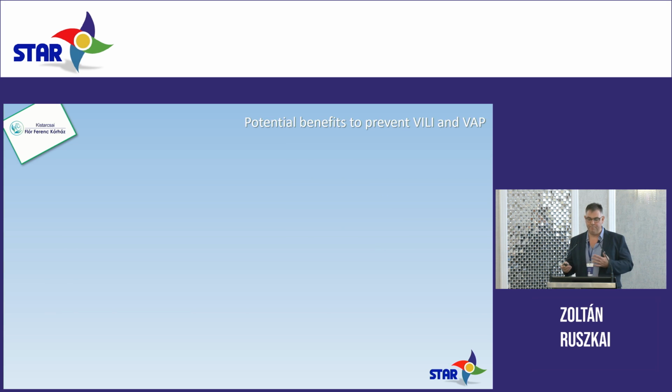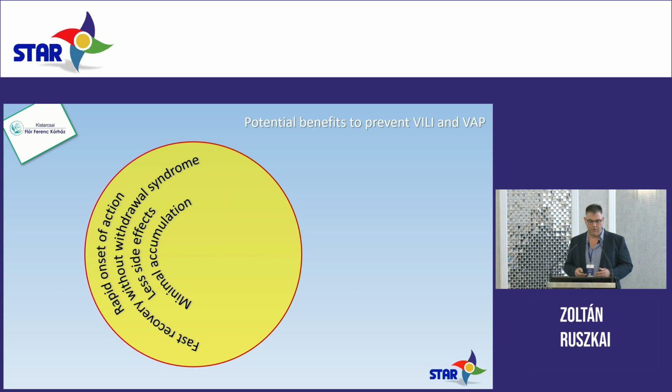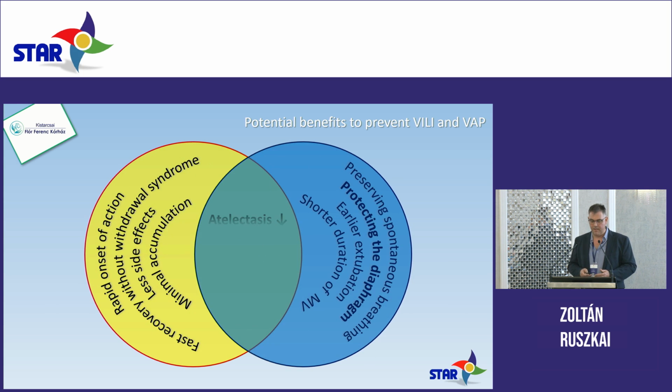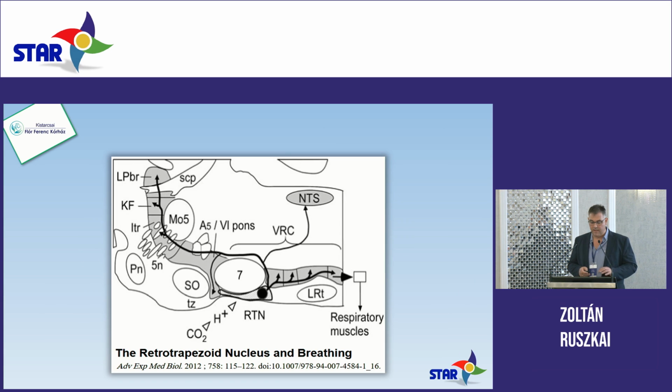What are the potential benefits to prevent ventilator-induced lung injury and ventilator-associated pneumonia? We all know our goals, and these are the cross-section of these two circles. We would like to reduce atelectasis, volutrauma, and some other injuries. How can volatile anesthetics help us?